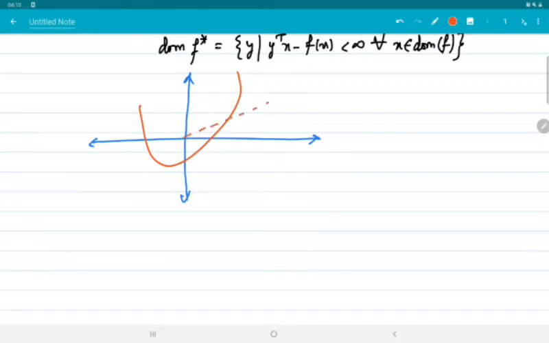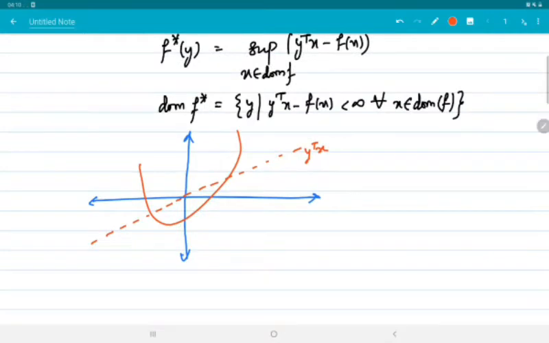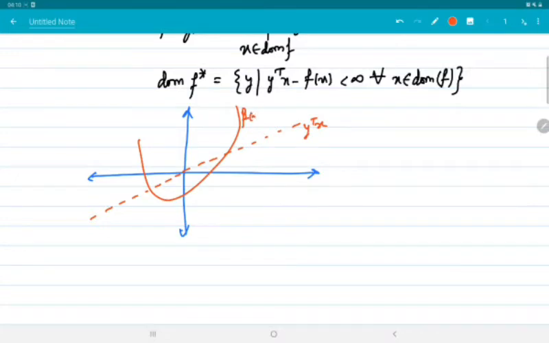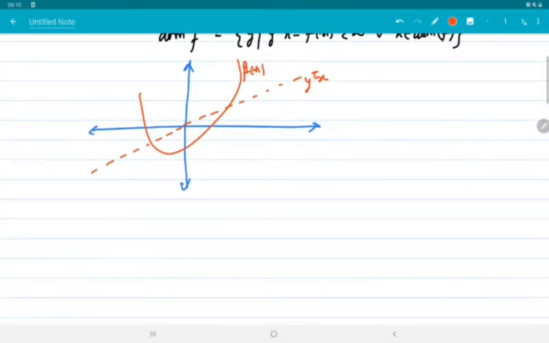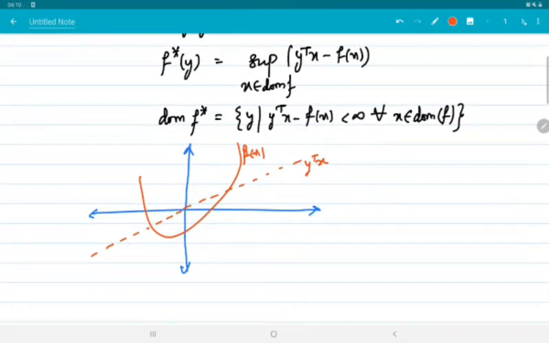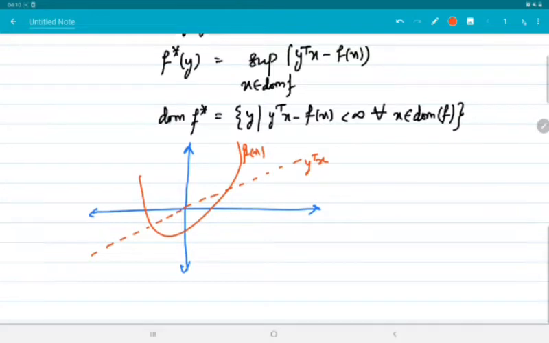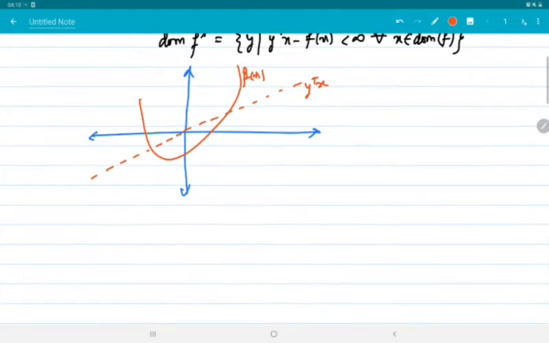So it will be something like this. This is my y transpose x, and what we are looking at is the maximum value of the gap between f(x) and y transpose x. So this is my f(x), this is my y transpose x. So the maximum gap, such that supremum, now this is the maximum of y transpose x minus f(x). So the maximum comes out to be somewhere here.